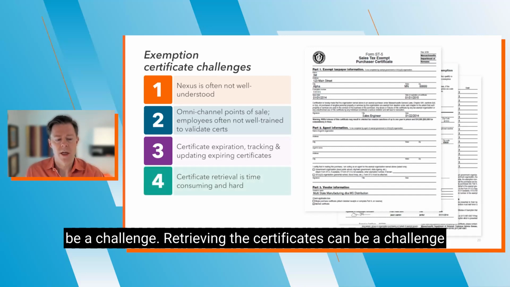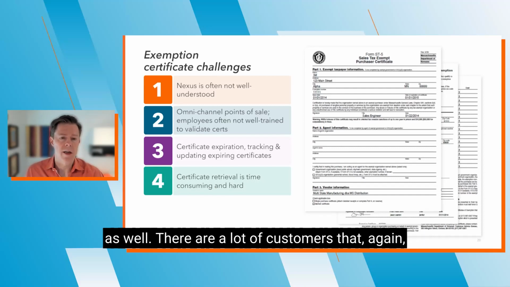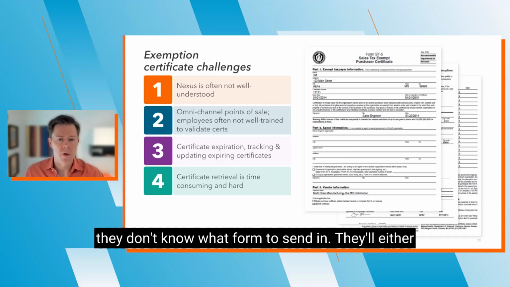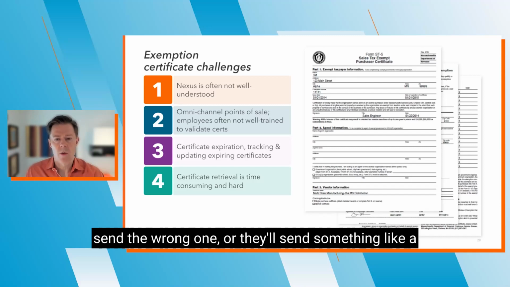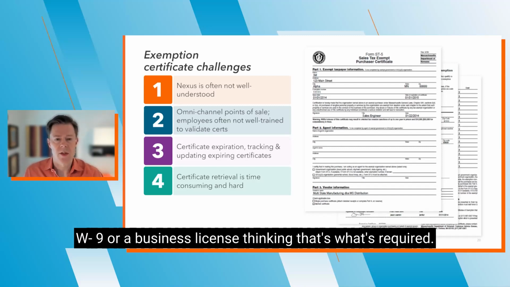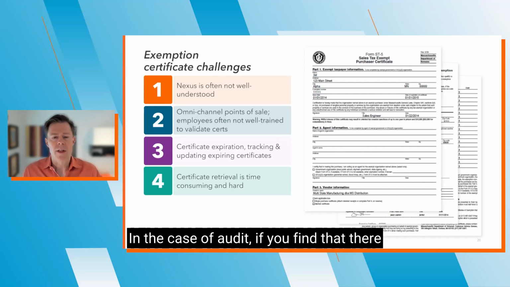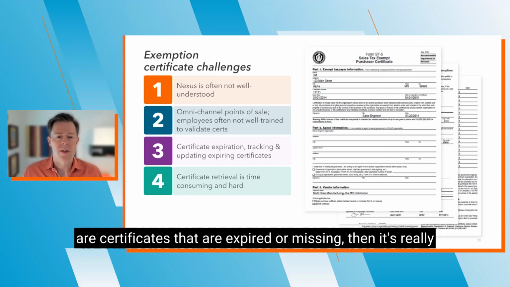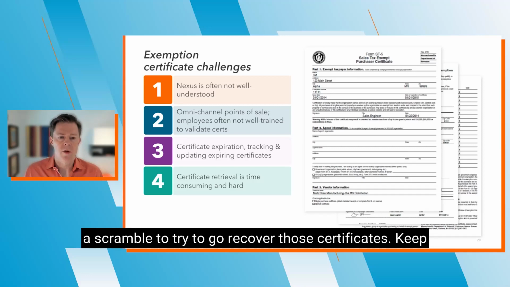Retrieving the certificates can be a challenge as well. There are a lot of customers that, again, they don't know what form to send in. They'll either send the wrong one, or they'll send something like a W-9 or a business license, thinking that's what's required. In the case of audit, if you find that there are certificates that are expired or missing, then it's really a scramble to try to go recover those certificates.